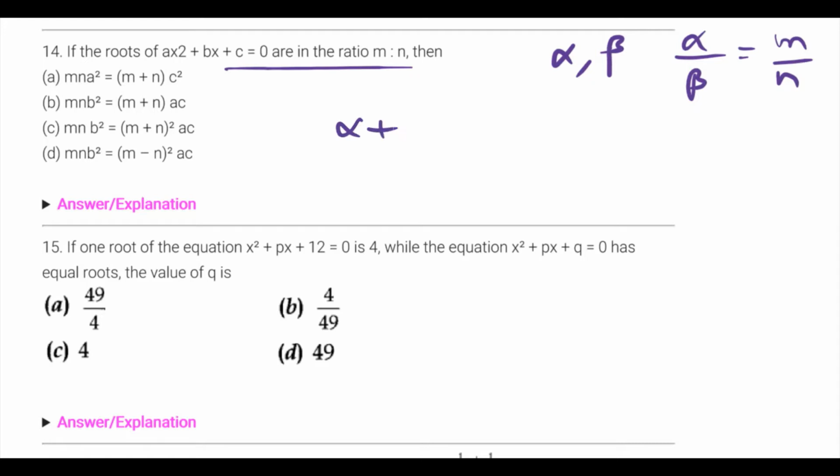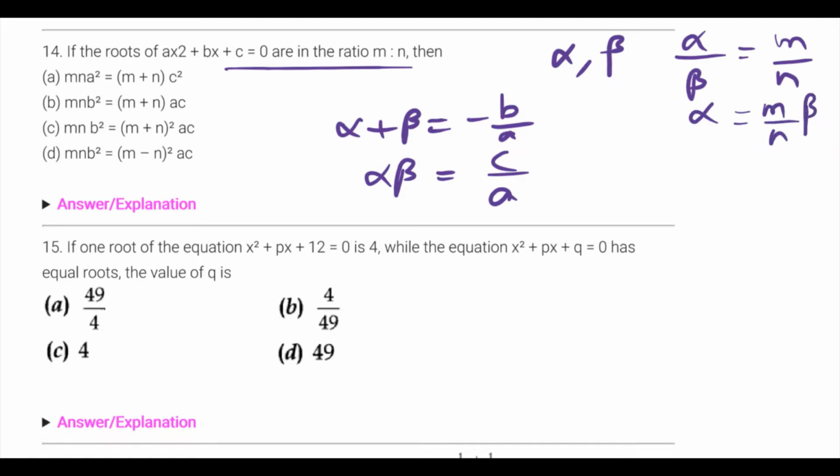So alpha plus beta equals minus b by a, alpha into beta equals c by a. From here alpha equals m by n into beta. Substitute the value of alpha here. That implies m by n into beta square equals c by a.